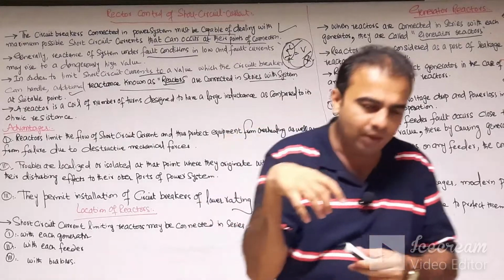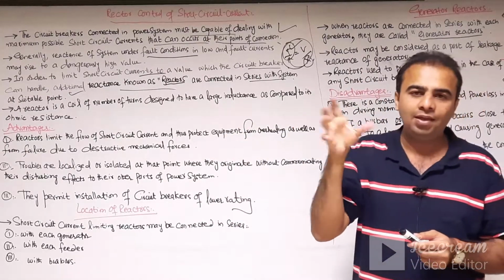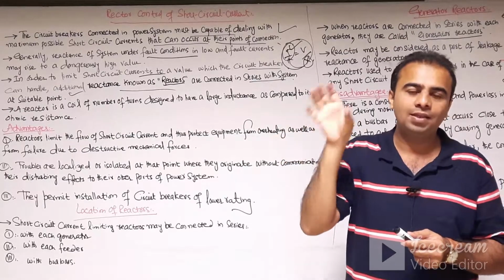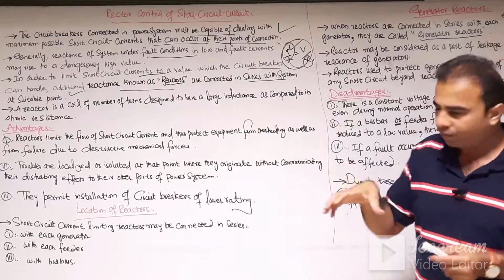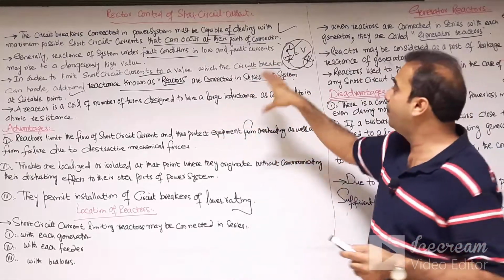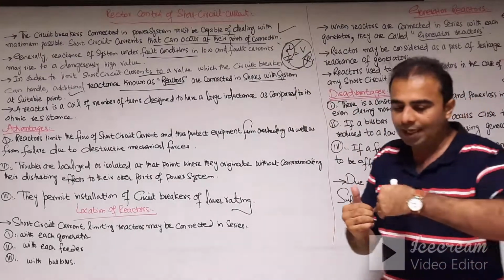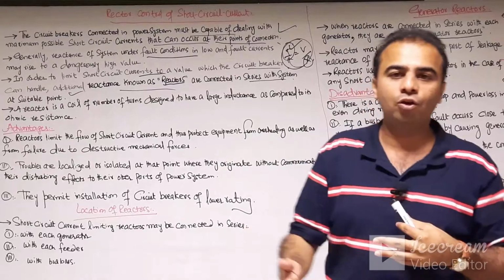The short circuit current produced due to any reason or any fault in the system can easily be limited by the reactors connected in series with the particular equipment.